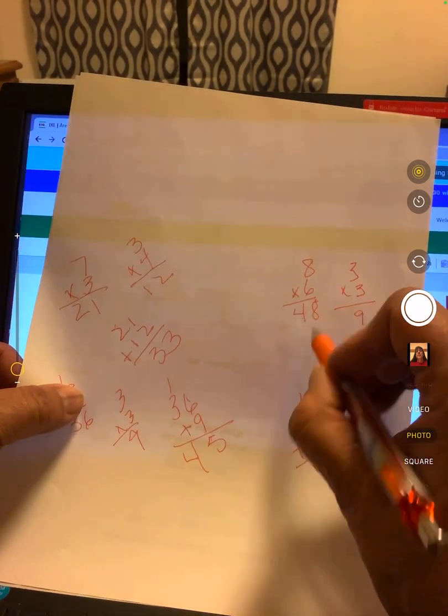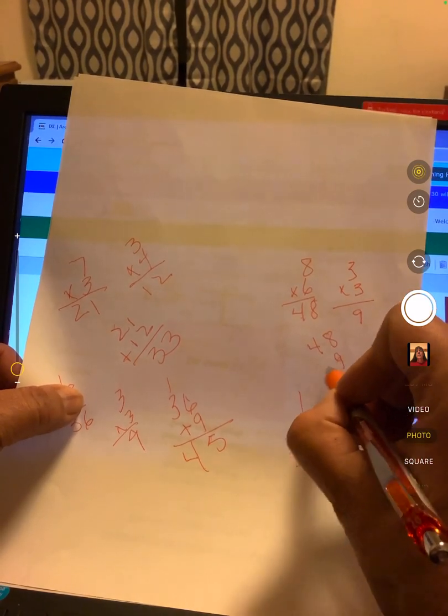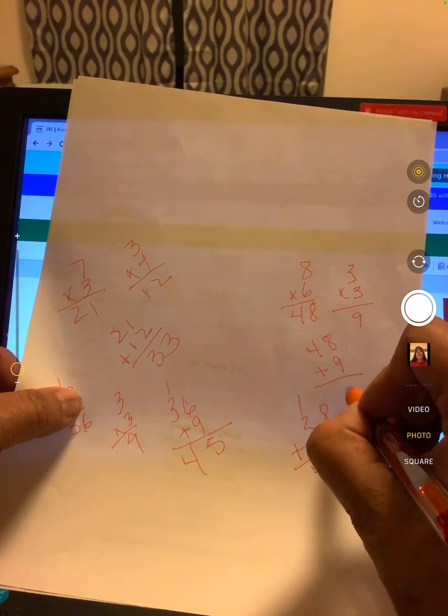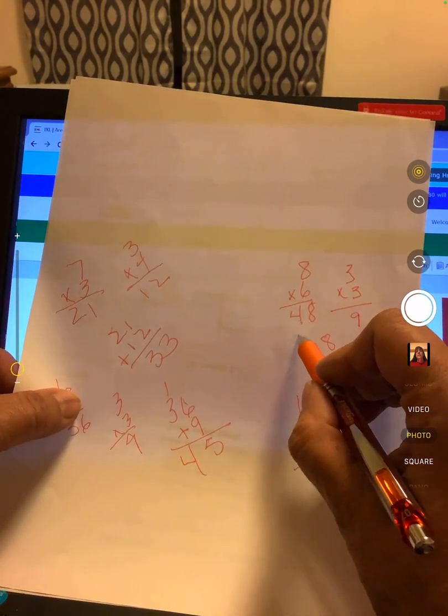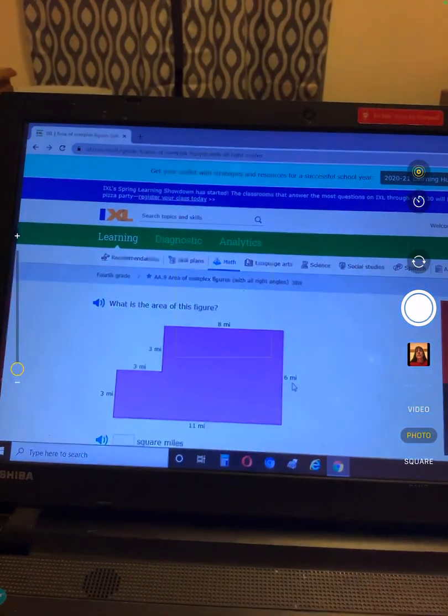And then in order to figure it out, we add them together. 48 plus 9. So you're basically doing 2 squares. 57.